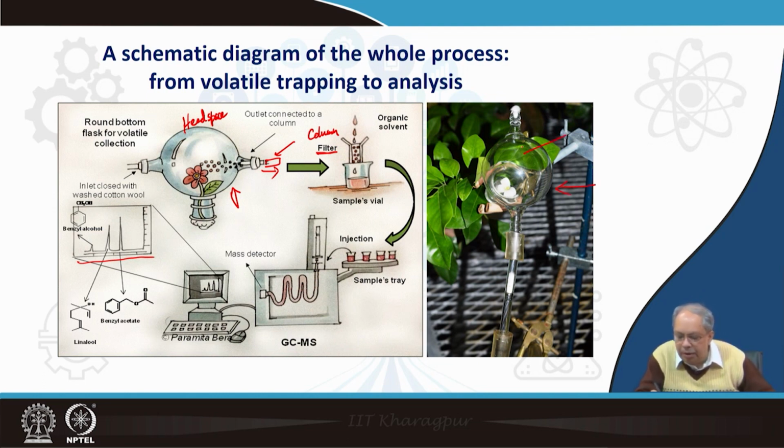This is the head space, and this is a live flower inside, and here is what I call the column, which consists of polymeric adsorbent, which will adsorb the volatile compounds. Later those compounds can be detached by passing organic solvents through it, and then concentrated and analyzed using GCMS to identify the compounds.